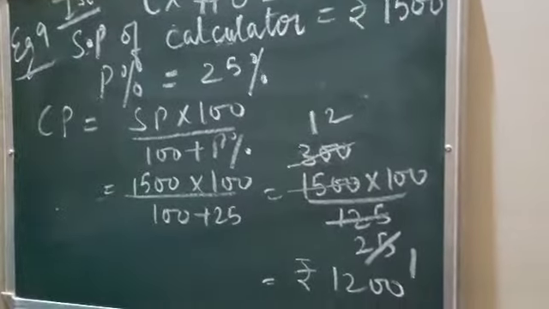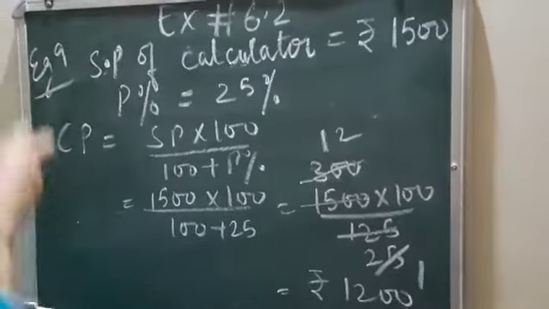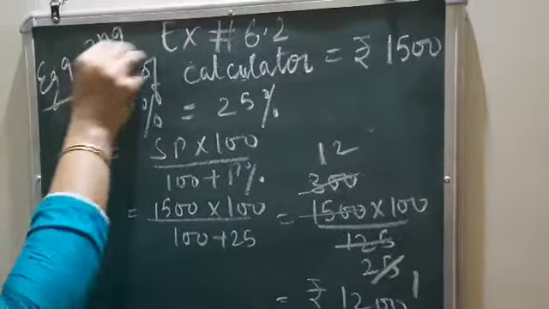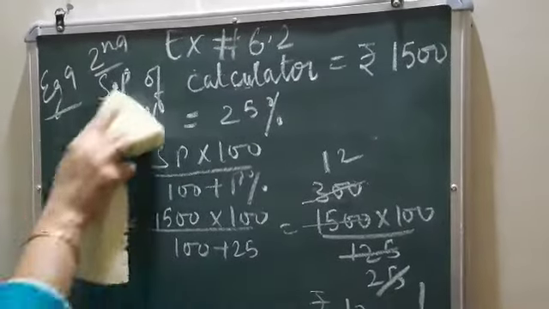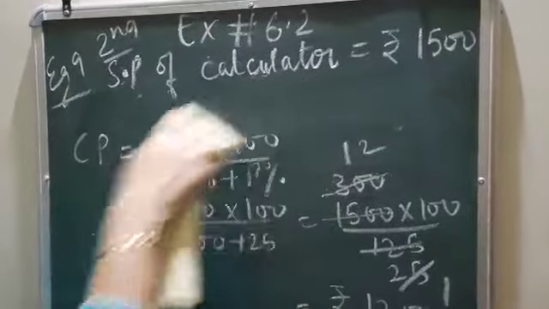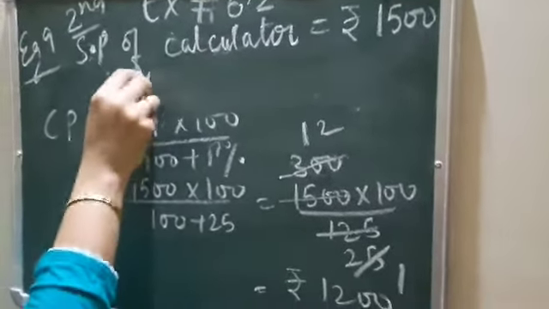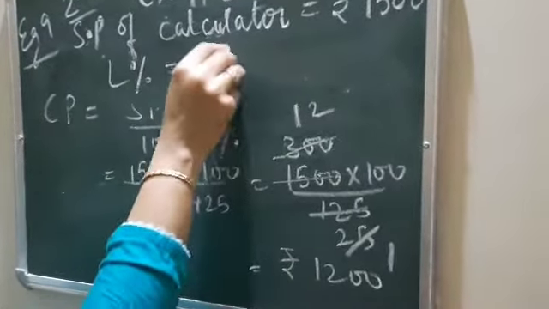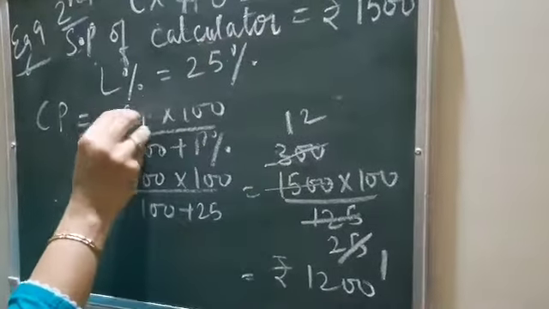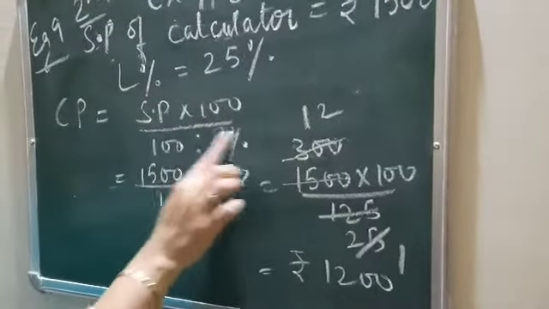Now we'll find for the second calculator. For the second calculator, again SP is the same, but when he sold this calculator, he got a loss of 25%. Loss percent is given, 25%. Now for this calculator also, first we will find CP.